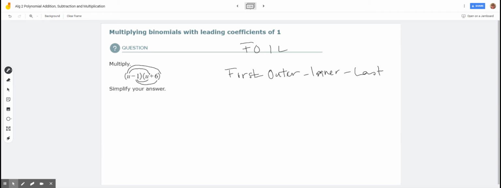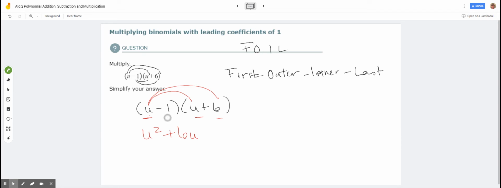I think it is far easier to simply think of this. You know how to distribute. We are basically simply distributing the first one. U times U is U squared. U times 6 is plus 6U. We're not multiplying it by this, okay? We're just taking the first term and multiplying it by both of these terms.